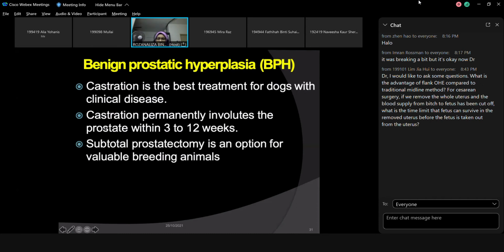You give it 3 to 12 weeks. So if this is diagnosed as BPH, you might want to call the patient back to ultrasound every few weeks to measure the prostate size. For me, don't even think about performing prostatectomy, because the risk outweighs the benefit.